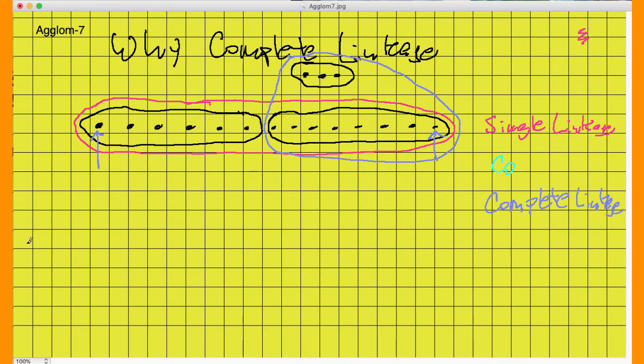And in fact, it turns out that when you're doing textual clustering, one typically prefers complete linkage.